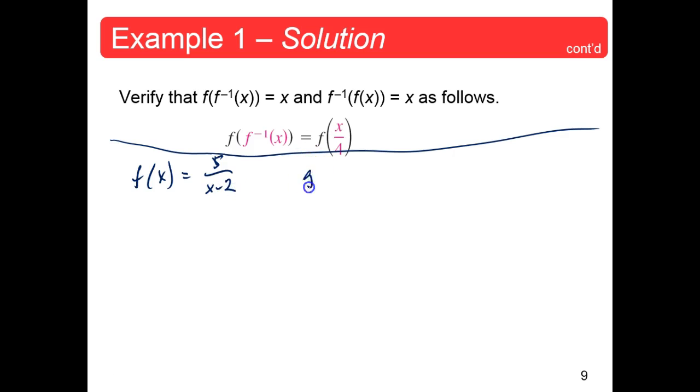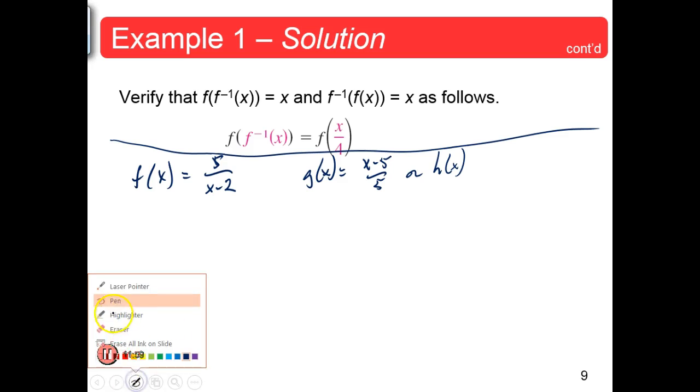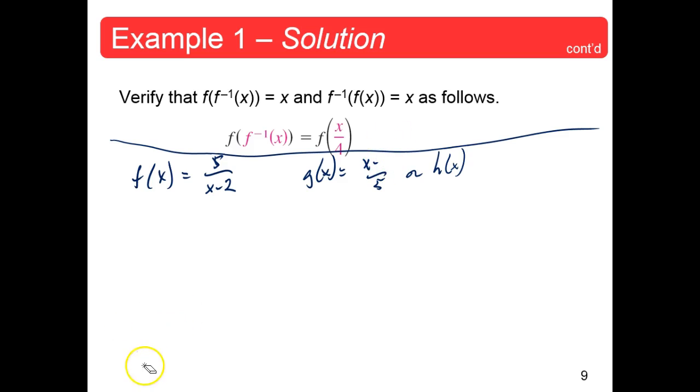Which of these two functions, g of x, which is equal to x minus 2 over 5, or h of x, which is equal to 5 over x plus 2? Okay? Here are two different functions. Are either one of these the inverse function of f?